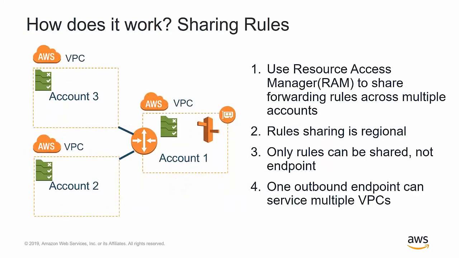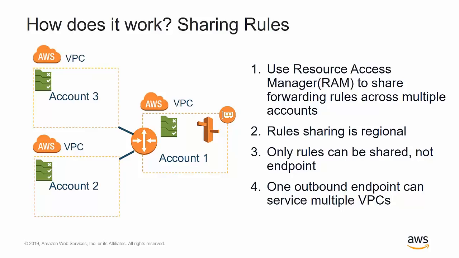So more specifically, how does it work with sharing rules? One of the benefits of moving to Route 53 Resolver is that customers can use Resource Access Manager, commonly referred to as RAM, to share forwarding rules across multiple accounts. So what will happen is that you might have the endpoint that is in account 1, and it has a set of rules that are attached to that endpoint.